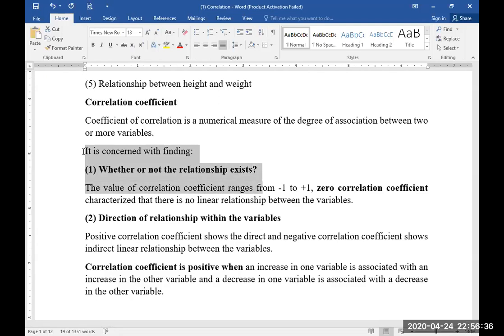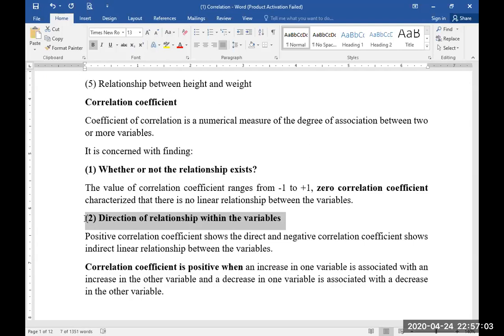The value of the correlation coefficient ranges from -1 to +1. A zero correlation coefficient indicates that there is no linear relationship between the variables. Point number two, the correlation is also concerned with the direction of relationship between the variables.